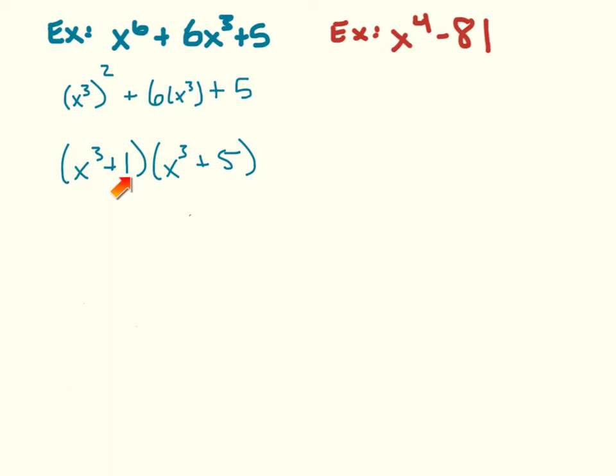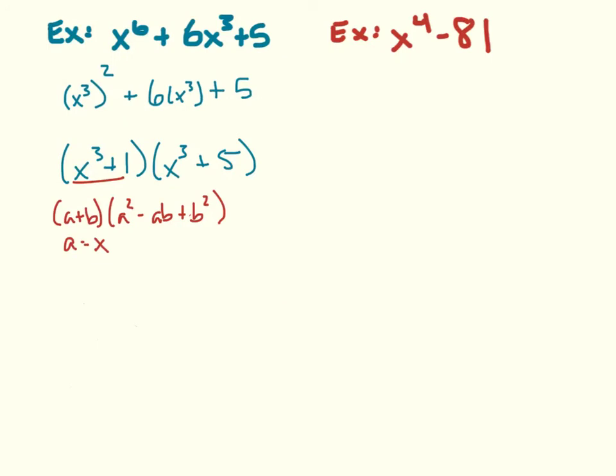So now I gotta do my sum or difference of cubes. Sum of cubes says it'll be a plus b times a squared minus ab plus b squared. So this is going to break down into that. So what's a equal? What got cubed to give me x cubed?